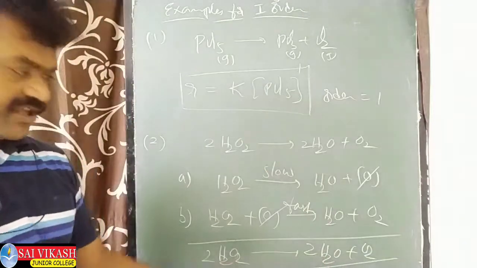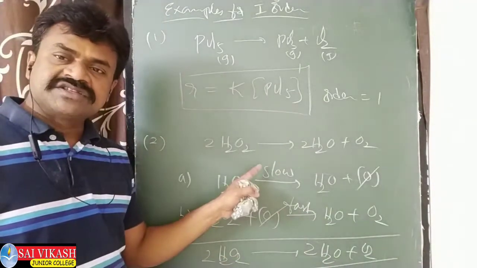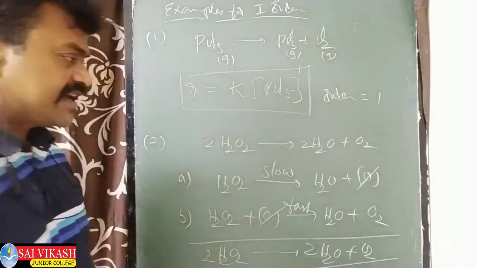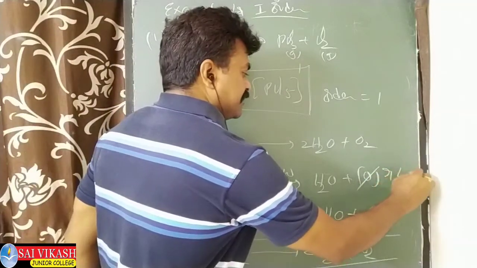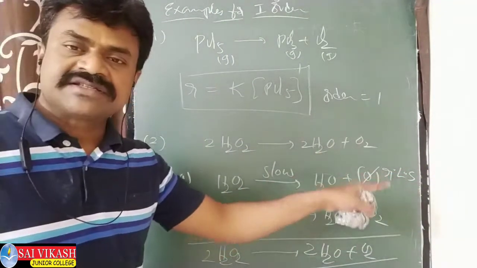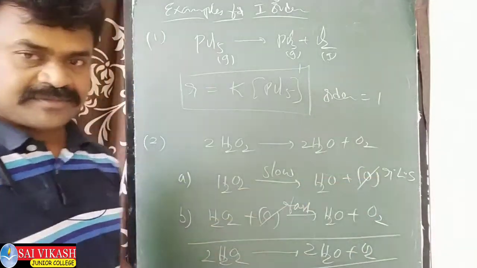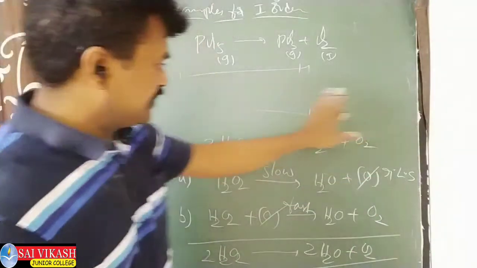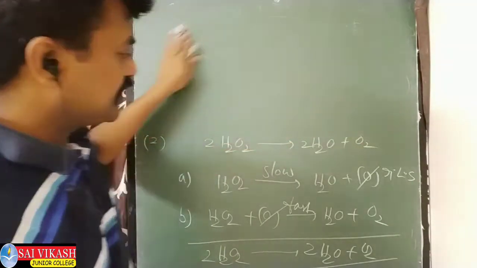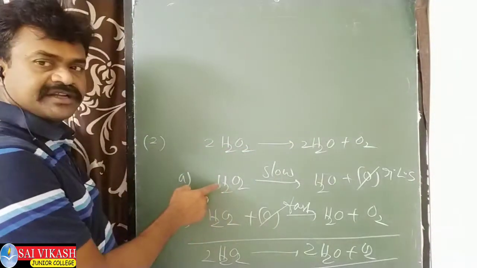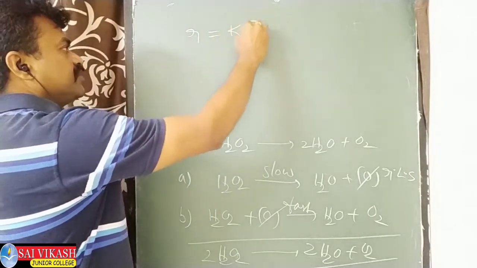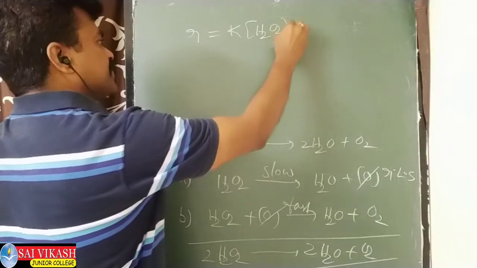As it is slow, we consider it the rate limiting step, RLS, the rate determination step. Once you decide the rate limiting step, you can write the rate equation. What happens? R equal to K into concentration of what? H2O2, that's it.